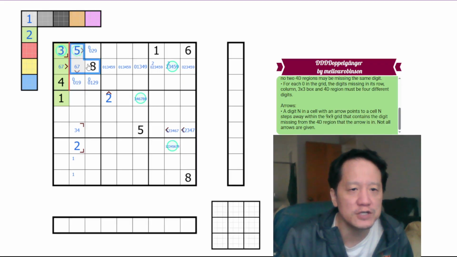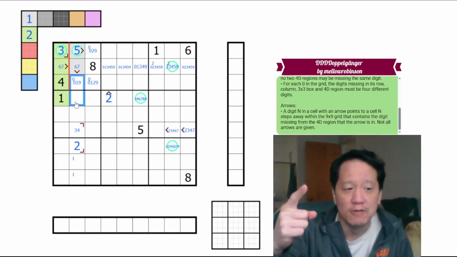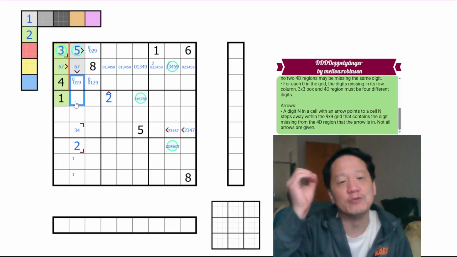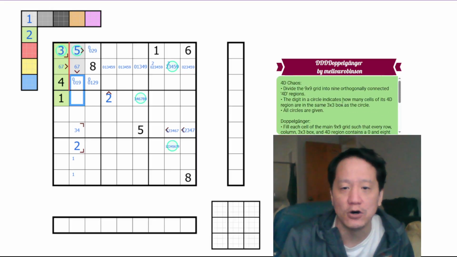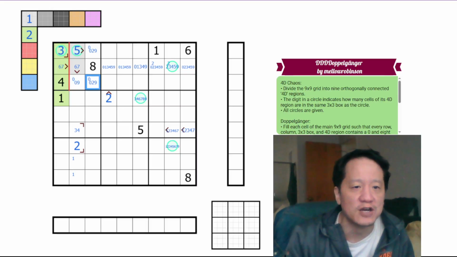So say these were the 5 light cells, and this was a 1. Then this cell would have to be part of another region, and it would be the only cell in that box which is part of that region, which would mean it would have to have a circle on it, and all circles are given. So neither of these can be 1 then, which makes this a 0, 2, 9 triplet.